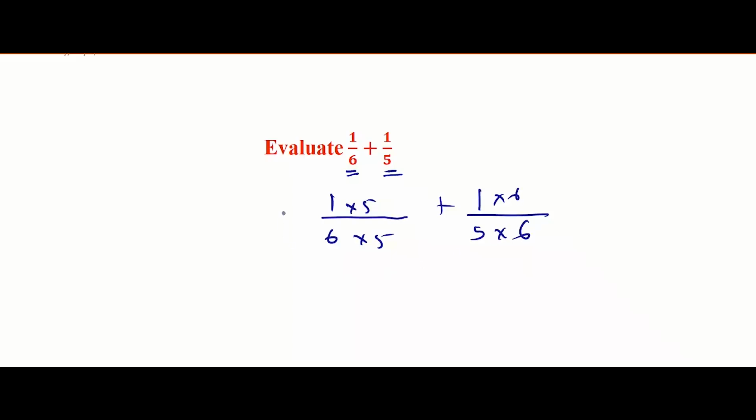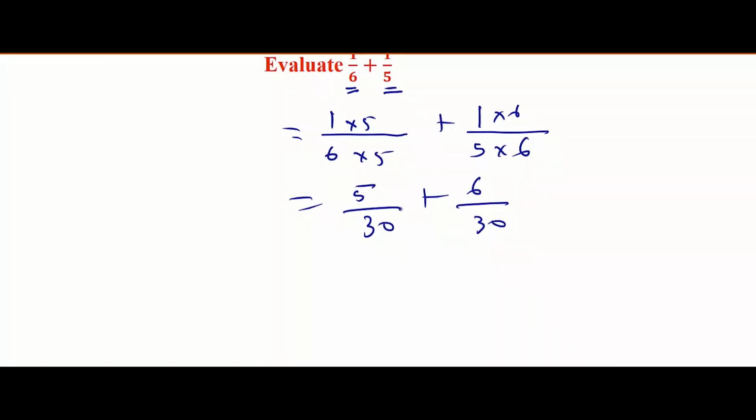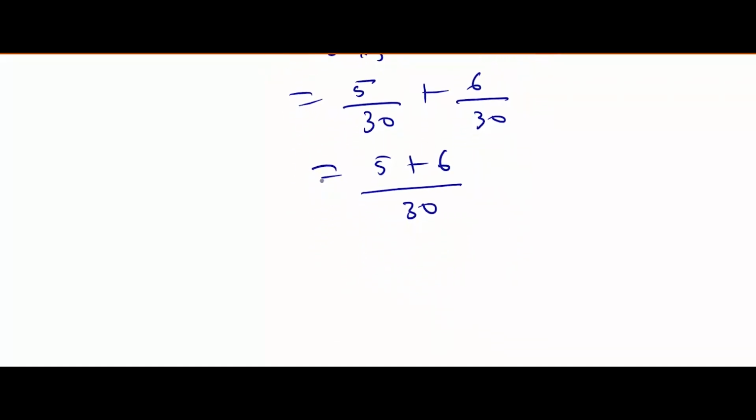So we have 1 by 5, that is 5 out of 6 by 5, that is 30. Then add 1 by 6 is 6 over 5 times 6, 30. So we have a common denominator, so we can directly add the numerators. That will be 5 add 6, then we'll pick 30. So this will add up to 11 out of 30. So that is the solution to that question.